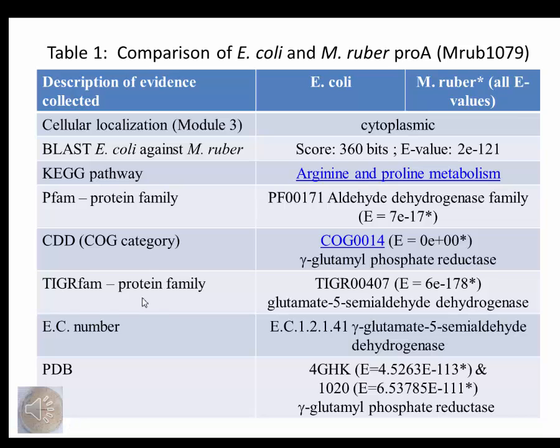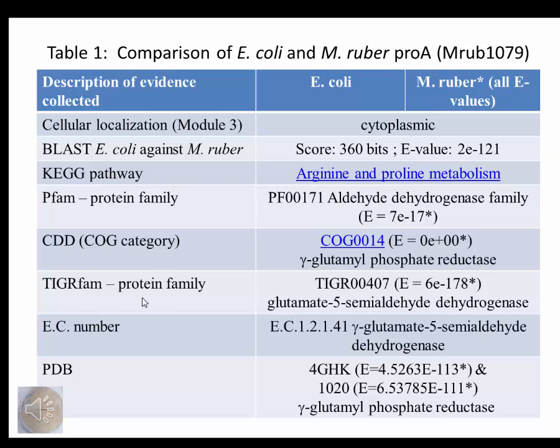It is a bioinformatics comparison of the E. coli proA gene to Mrub 1079, which we are predicting is the comparable gene to E. coli proA. Notice that in this table I've only provided the E values for the Mrub, the Meiothermus ruber analyses, primarily because of lack of space in my table.